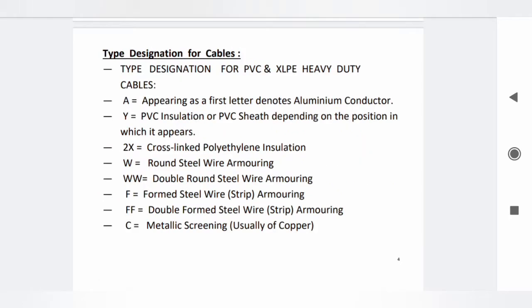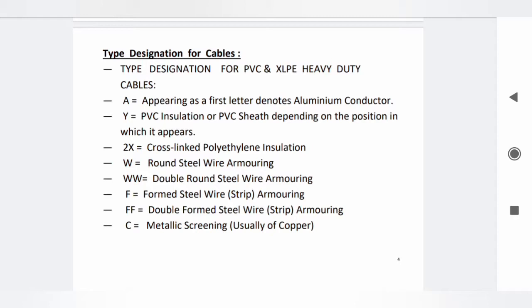After seeing cable types, we will now see type designation codes for the cables. First letter is A. If it is appearing in the first position, it indicates aluminum conductor, and if there is no letter, then it indicates copper conductor, but that I will explain later.